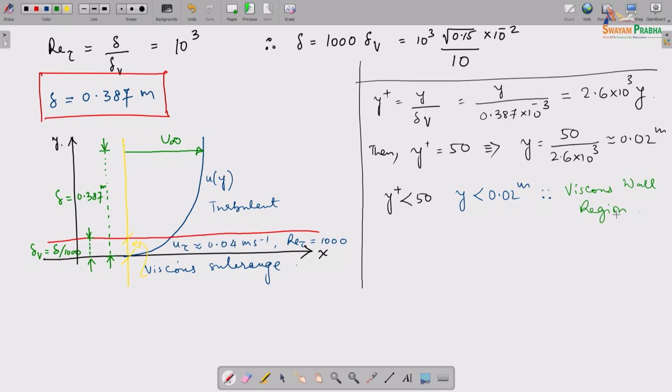So for this particular case, if the distance from the wall is less than 0.02 meters, 2 centimeters actually, it is the viscous wall region. If y plus is greater than 50, which means y is greater than 0.02 meters, that is the outer layer.